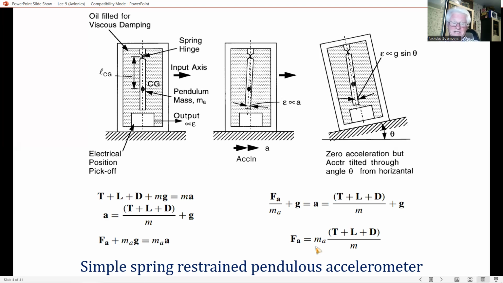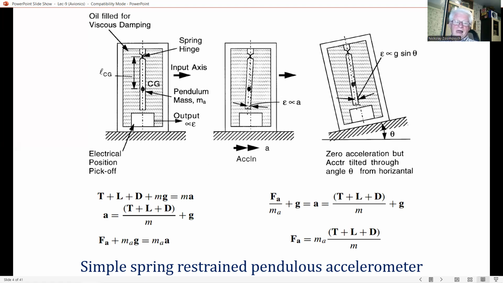So the accelerometer will measure the specific force component along its input axis and not the vehicle acceleration component. Do you agree with me?